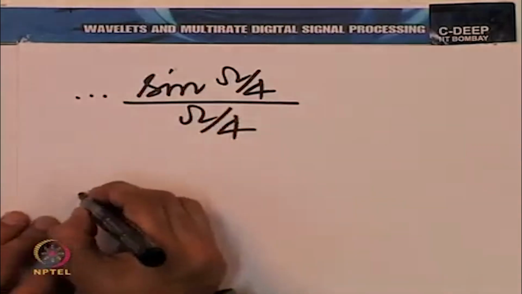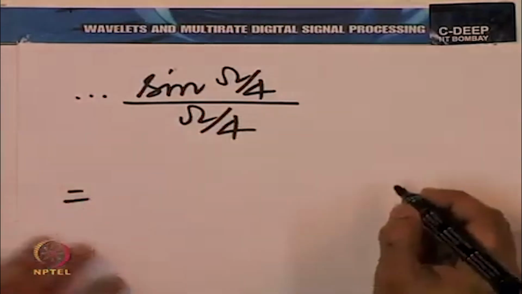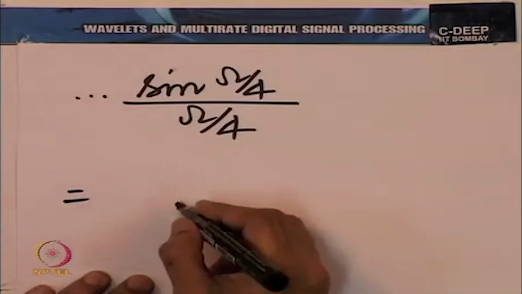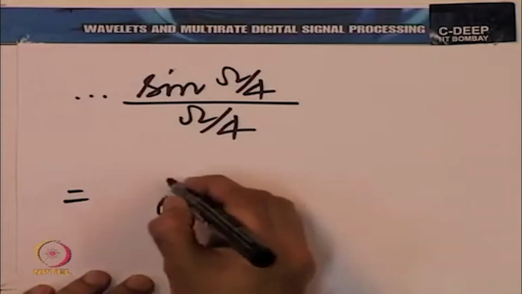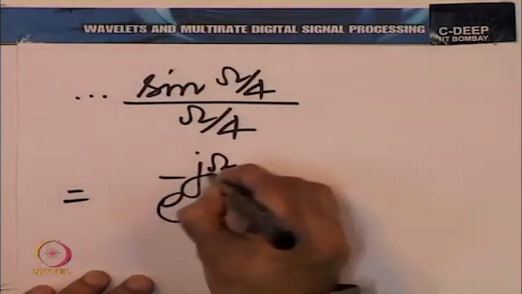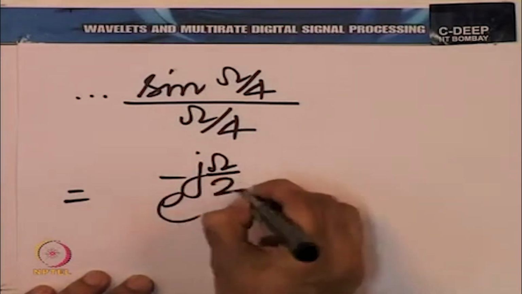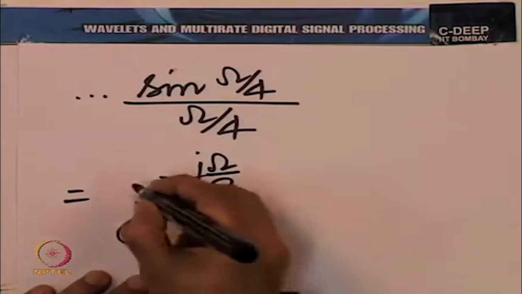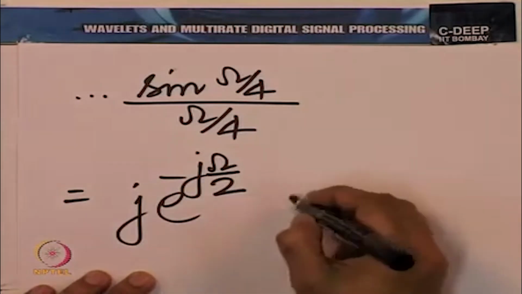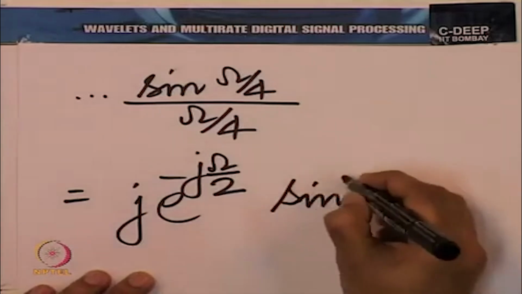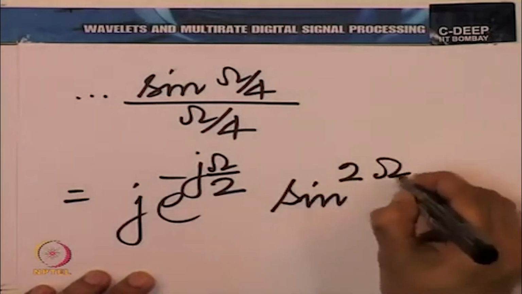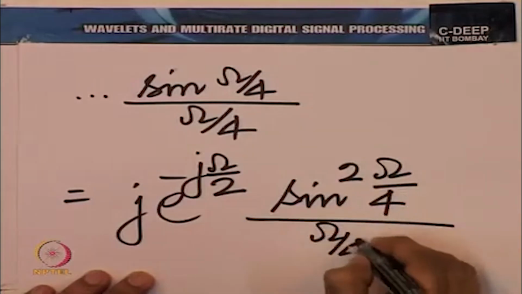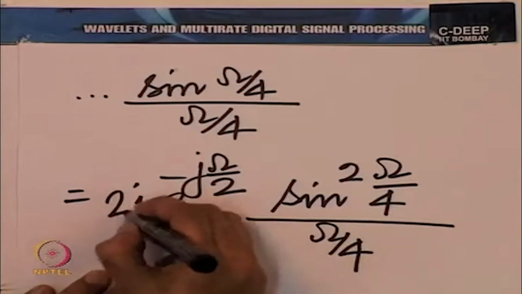In fact, let us multiply all this and put it together. So, I have e raised to the power minus j omega by 2 coming together, j there, sine squared omega by 4 divided by omega by 4, and a factor of 2 remains outside.